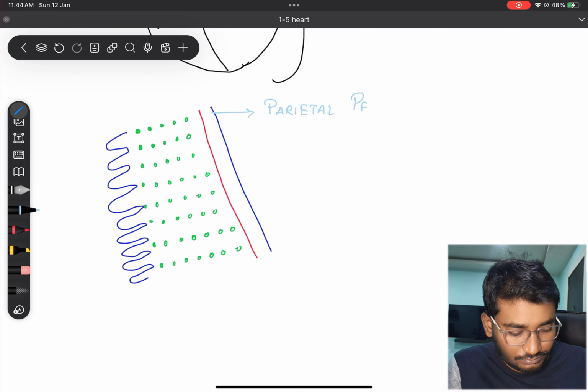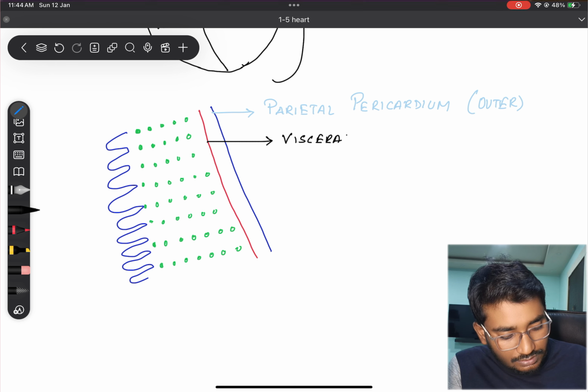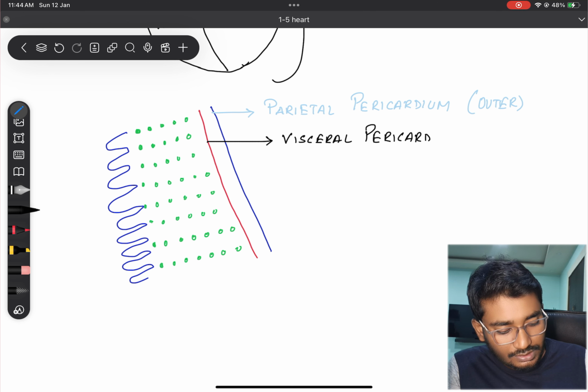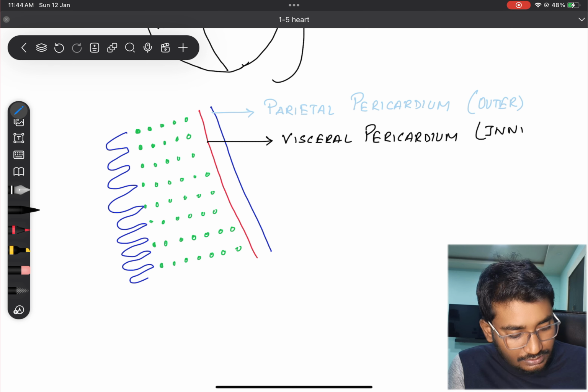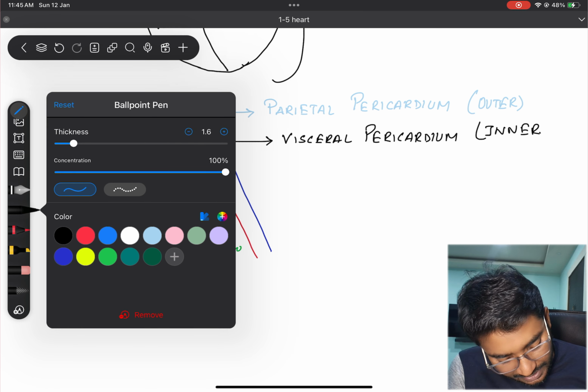Now drawing with a dark color, this is the visceral pericardium. This is the inner one. Here lies the pericardial fluid.